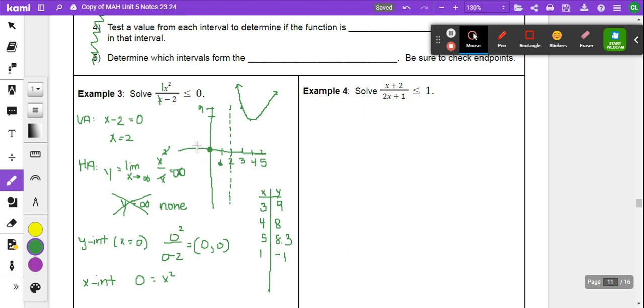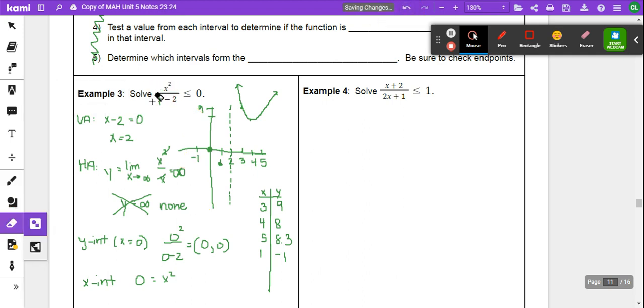The last point I want to try is right here, -1. And I want to know, is it above the x-axis? Because if it is, it'll stay up there. It never touches. There's no more dots on there. Or is it below the x-axis? If it is, it's going to stay there. It's never going to touch again. All right, let me erase this. This time I want to try -1.